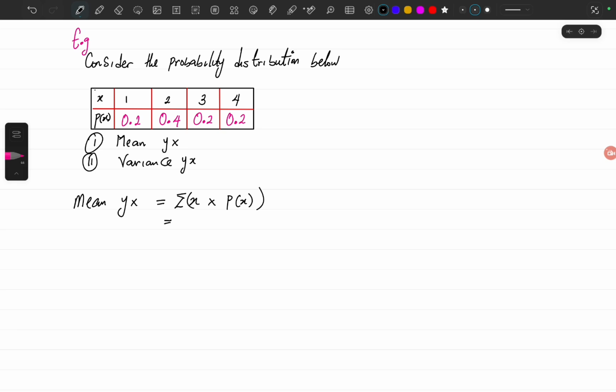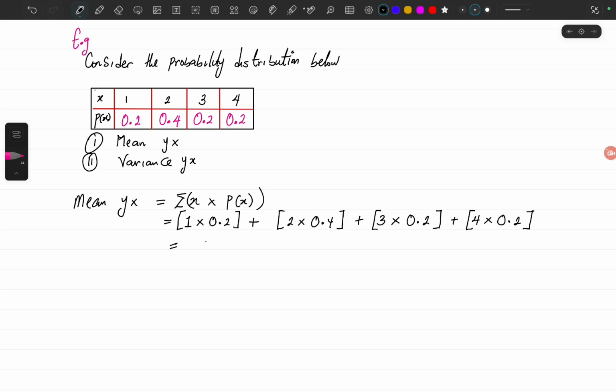So we just have to sum that up, and that's going to be 1 multiplied by 0.2, plus 2 multiplied by 0.4, plus 3 multiplied by 0.2, plus 4 multiplied by 0.2.